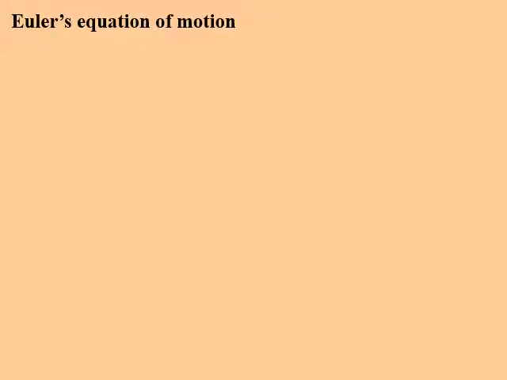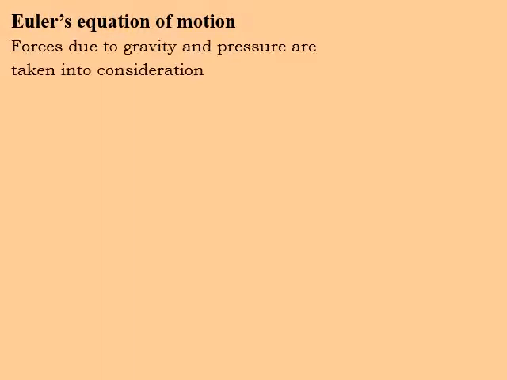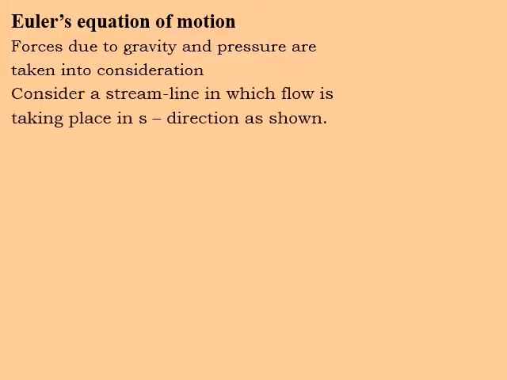Now I am going to derive Euler's equation of motion. Here the forces due to gravity and pressure are taken into consideration. Consider a streamline in which flow is taking place, in the x direction as shown.